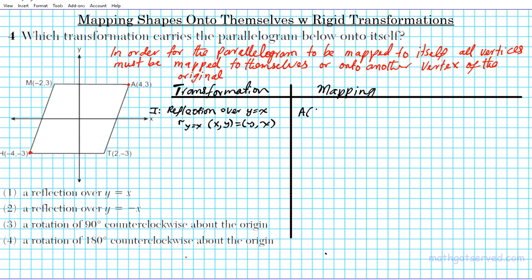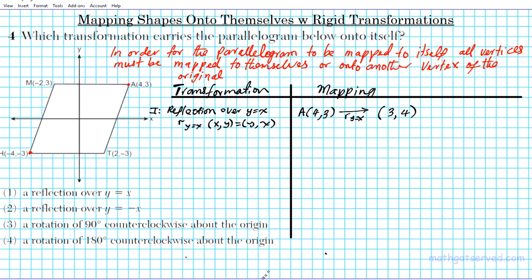Point A is 4, 3. We're going to apply this transformation on this point, which is a reflection about the line y equals x. When we apply the transformation, it's going to get interchanged to 3, 4. So the question is, is 3, 4 one of these vertices?